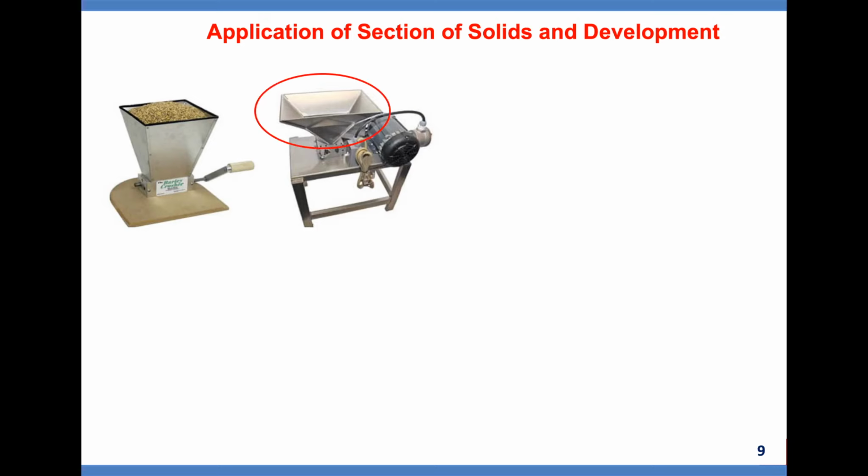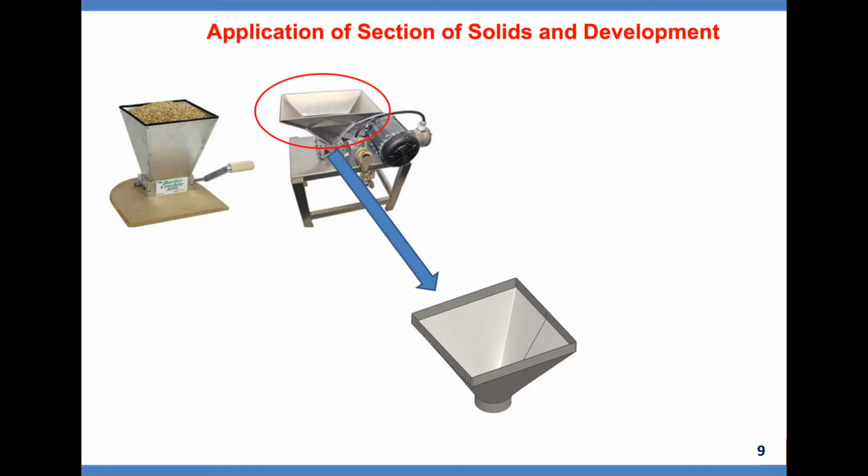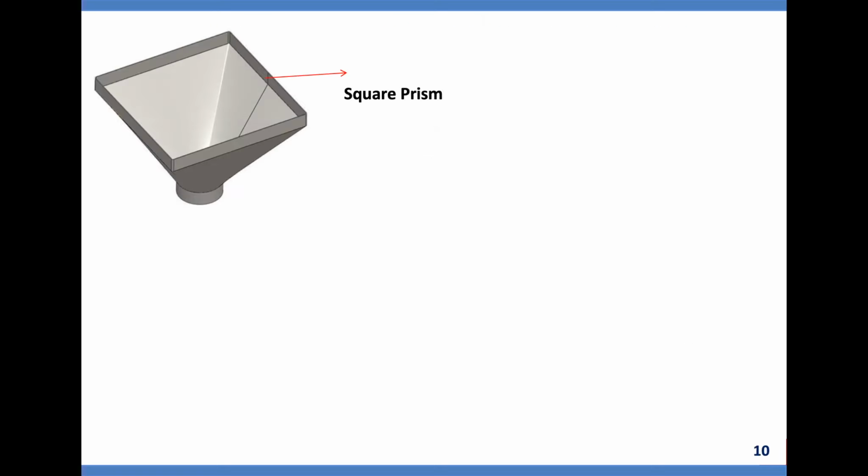And this part is important. I bring it back, which contains three parts: square prism, frustum of square pyramid, cylinder. Let us know more details. This one is square prism, frustum of square pyramid, and cylinder.